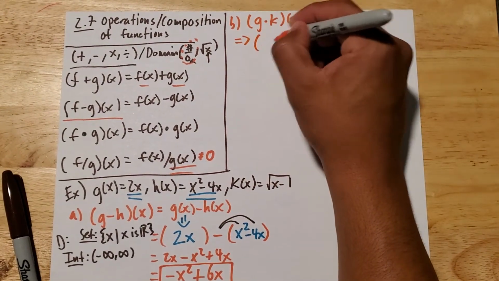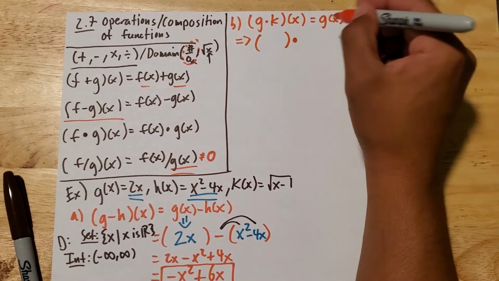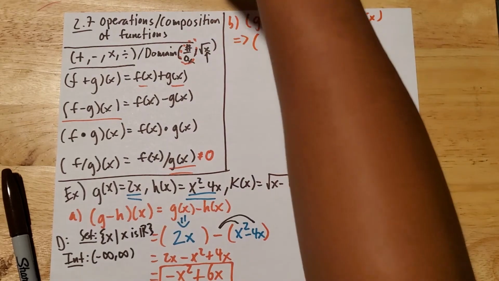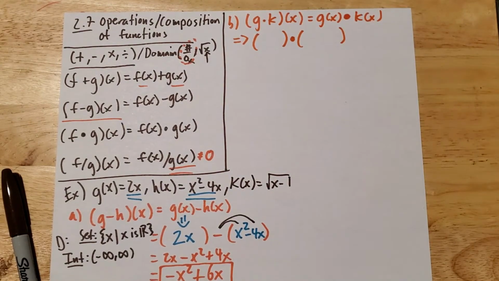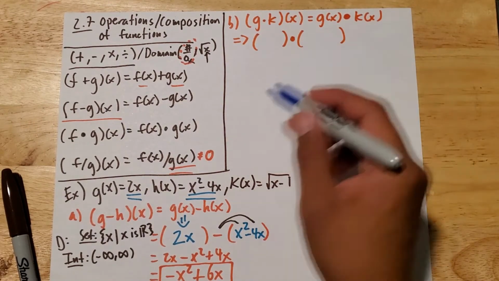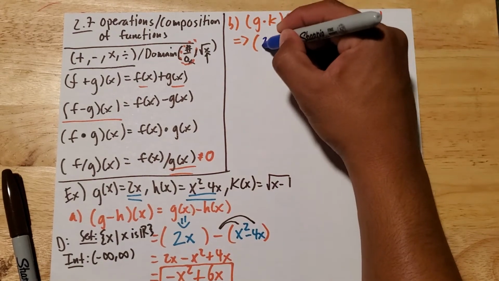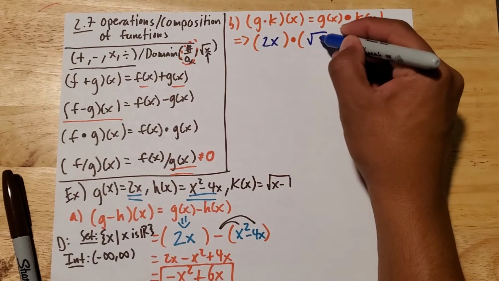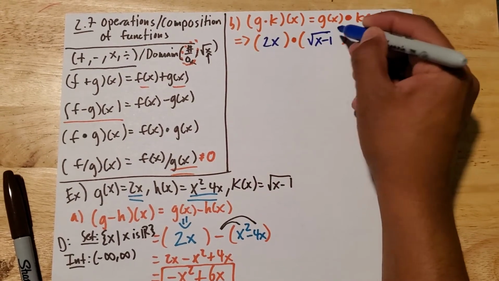Now, same thing as before, I'm going to replace the g and the k of x with parentheses, because I want to make sure I plug it in correctly. Because I know g of x is still 2x, so 2x is going to go here. But I know my k is the square root of x minus 1.